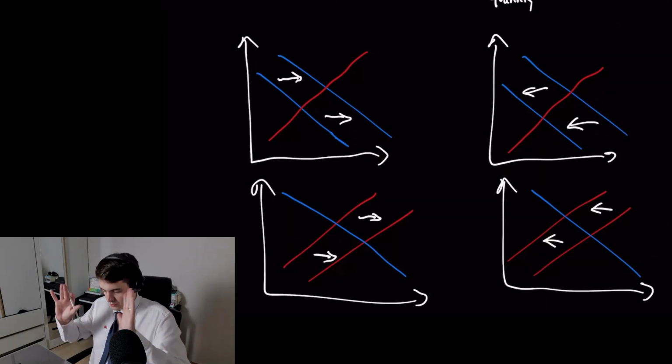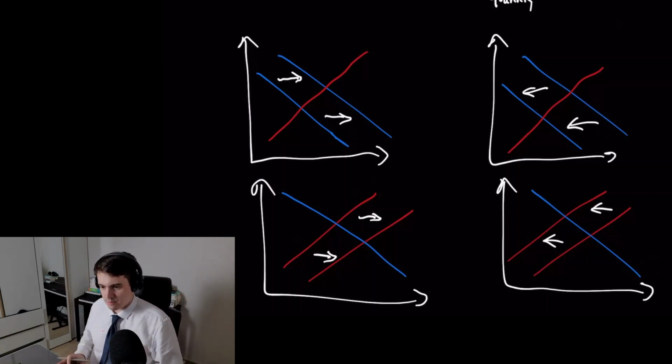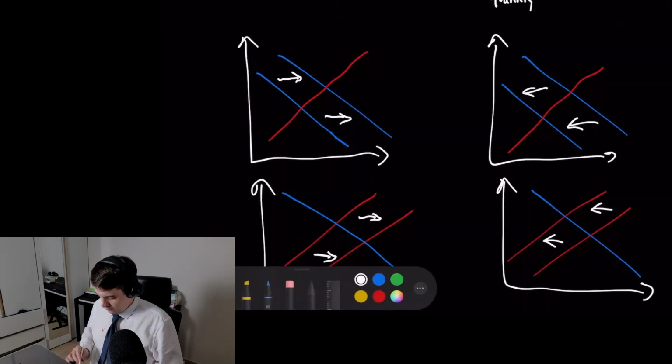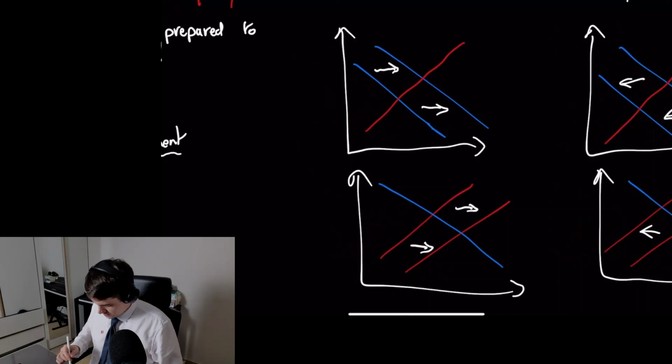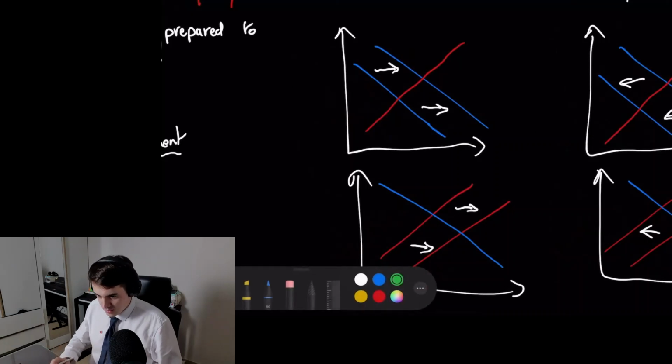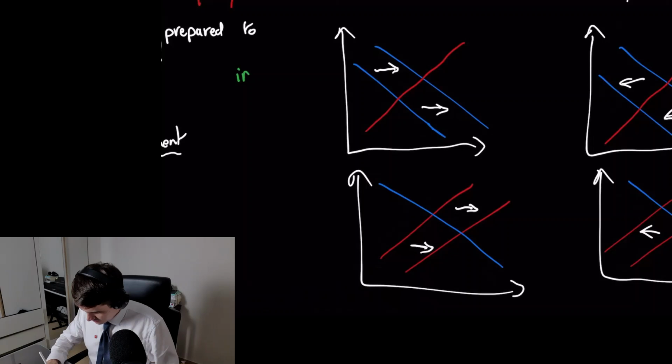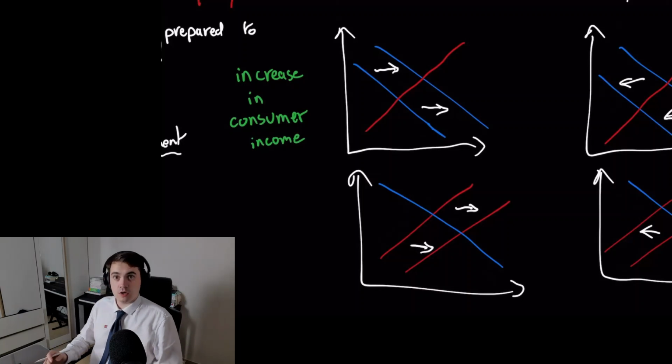Okay, confusion. Let's take a step back and think about it. The first one, this one right here. I have some space on the side to explain. This one is an increase in consumer income. So consumers, remember the two inputs of an economy, businesses and consumers.